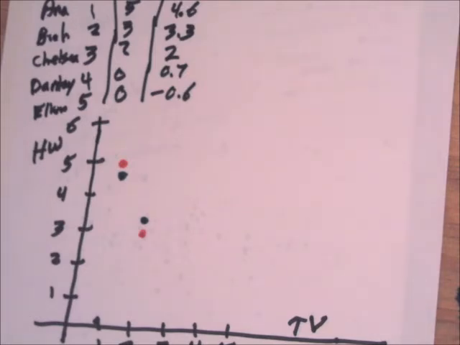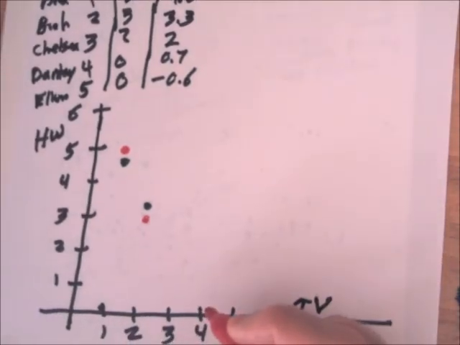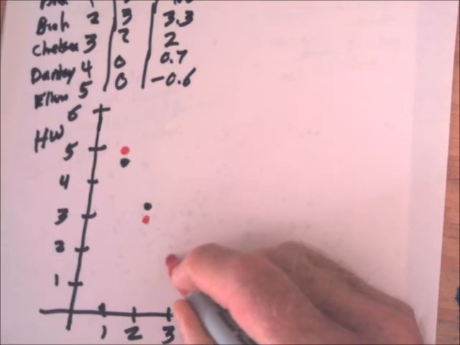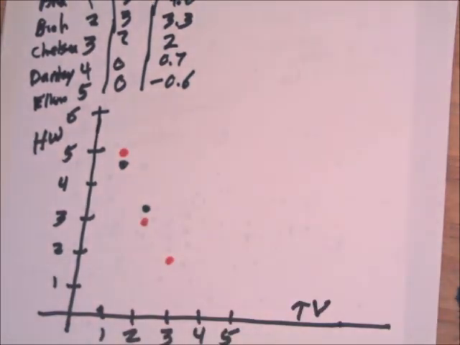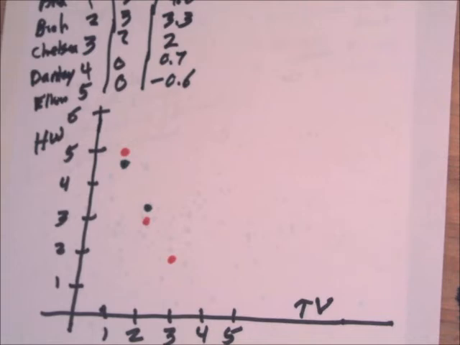Chelsea was 3 hours on TV. The actual homework was 2 hours, so I'll put a red dot there. And Chelsea's predicted was also 2. So it's going to be a little hard to put 2 dots in the same spot, but we'll just have to remember that the predicted is the same as the actual for Chelsea.